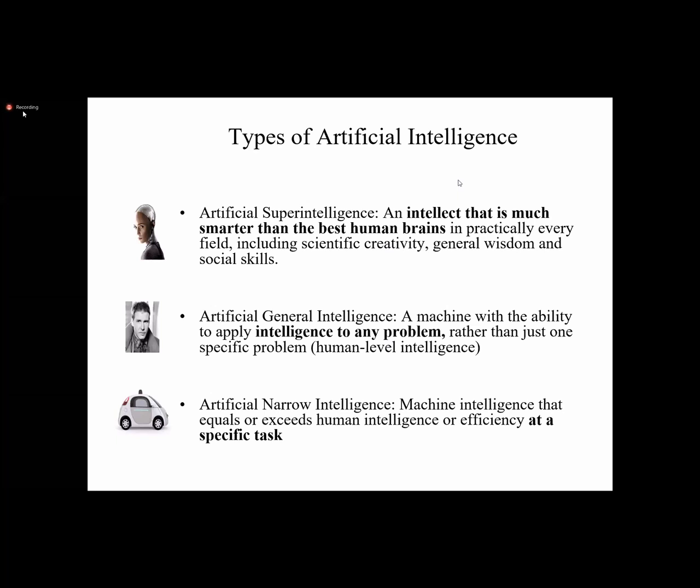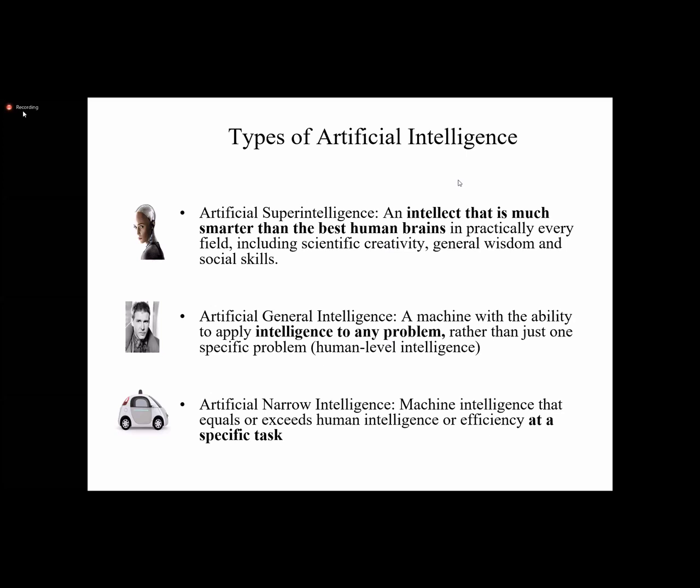People are always trying to know others' nature, their feelings, and their actions also. Like the human brain works or reacts according to our surrounding people's actions also. So artificial narrow intelligence comes under machine intelligence, where it equals or exceeds human intelligence or efficiency at a specific task.